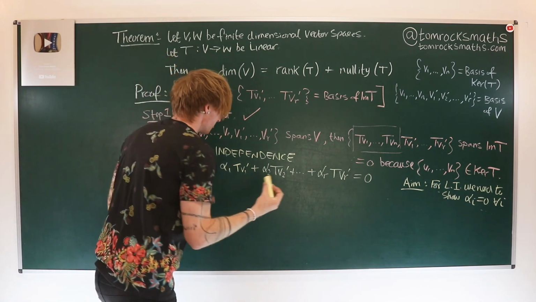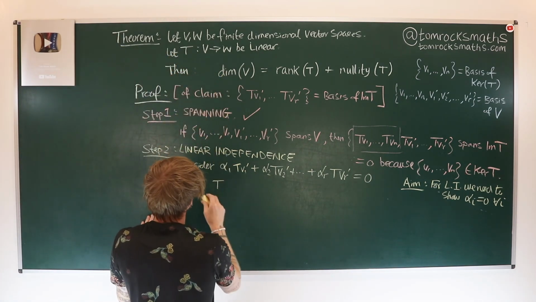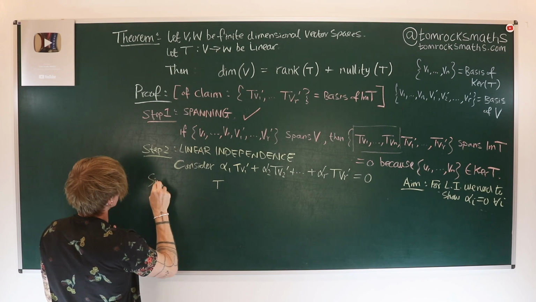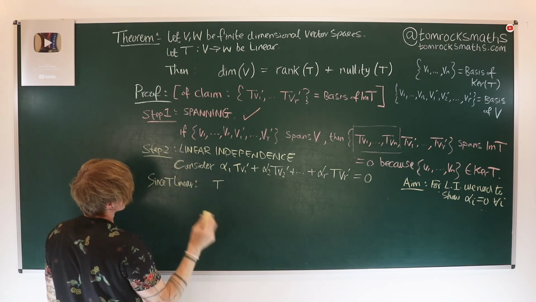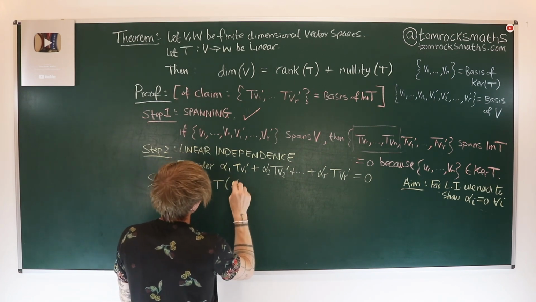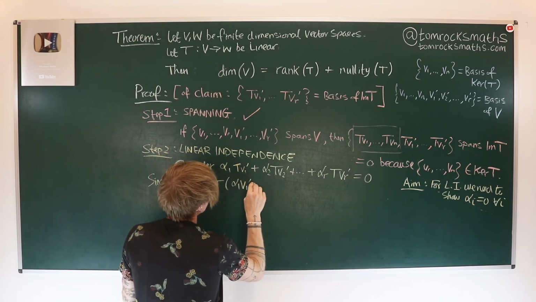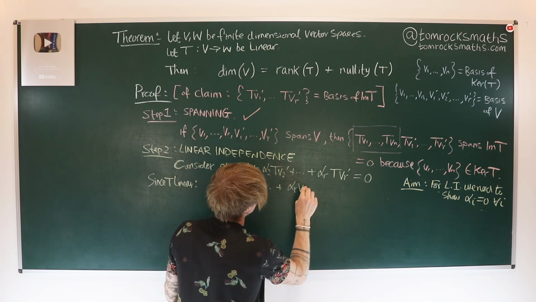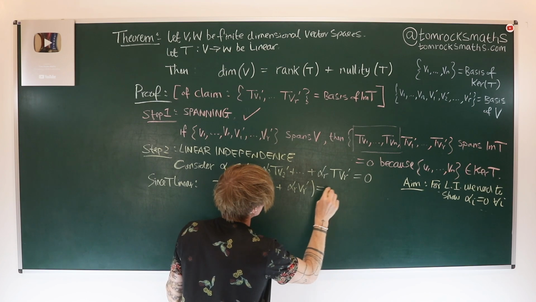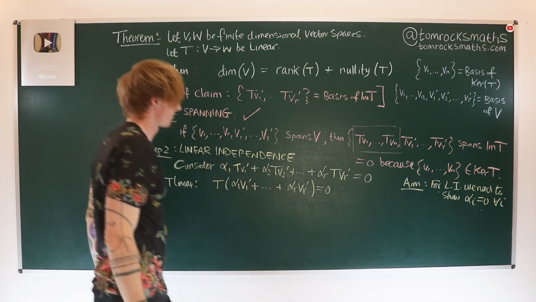So we can say, since T is linear, we can put everything inside. So T of alpha 1 v1 prime plus dot dot dot plus alpha r vr prime is equal to 0.